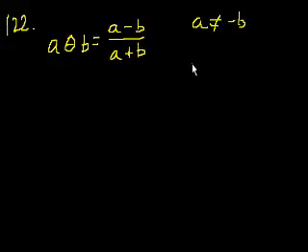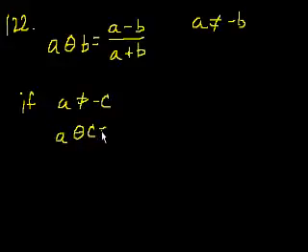If A does not equal minus C and A theta C is equal to 0, then C is equal to, okay, fair enough. So they're telling us right now that A does not equal minus C. So let's just write it down.